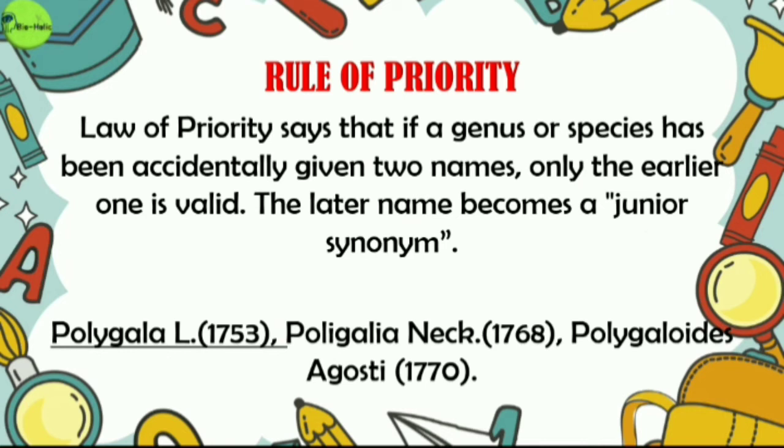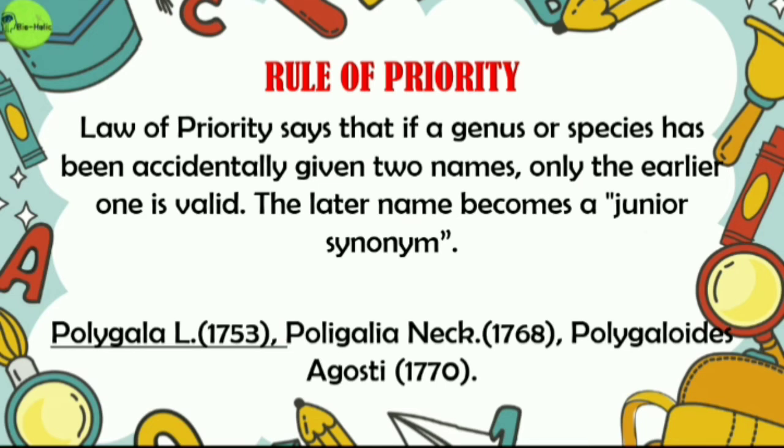So the priority relates to date of publication. The oldest valid name of a taxon, or the senior name, takes precedence over all the other names of a taxon. Okay?